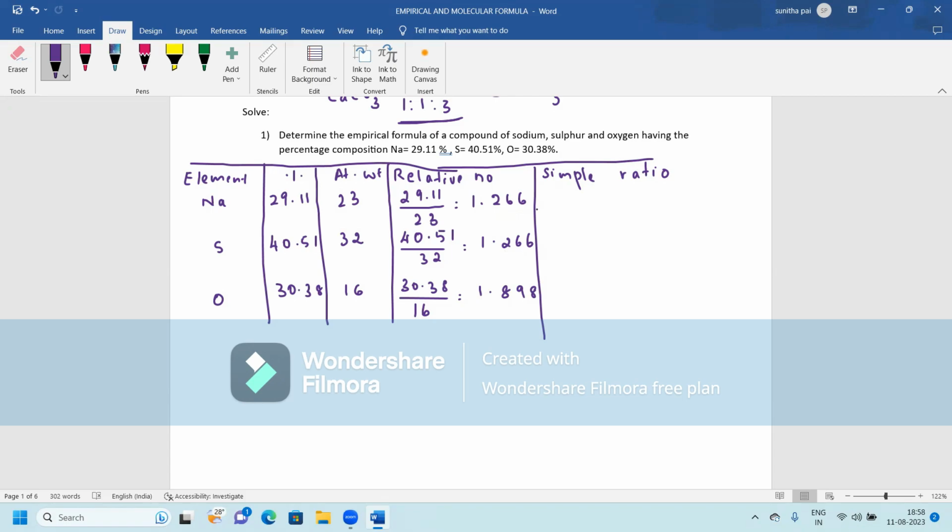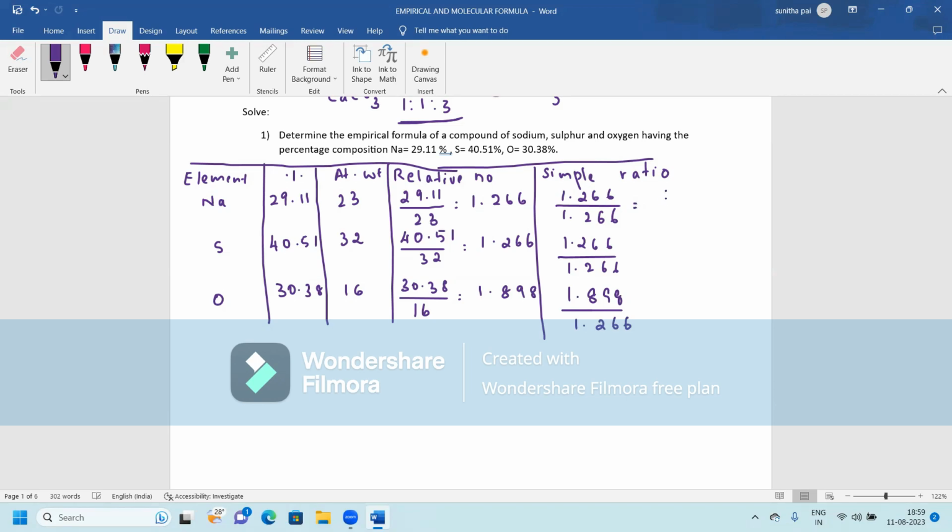Divide all the numbers by the lowest number. Lowest number here is 1.266. Divide the first number by the lowest number. Divide the second number by the lowest number. Divide the third number by the lowest number.